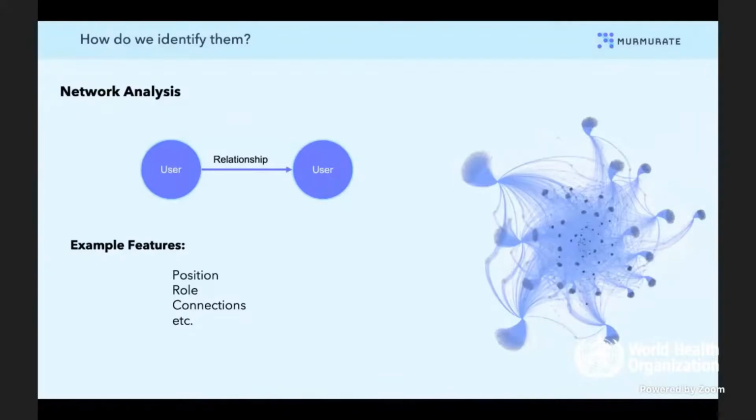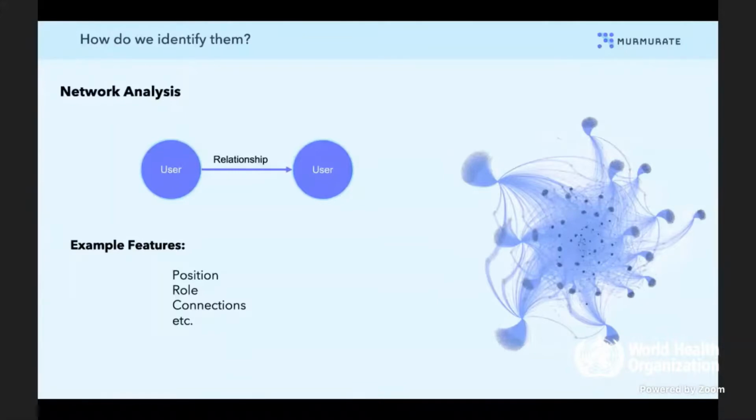But for those that aren't familiar, in very basic terms, a network analysis is usually conducted by looking at a graph. In that graph, we have a circle, which would represent an entity, and a line to another circle, which would represent a relationship between them.